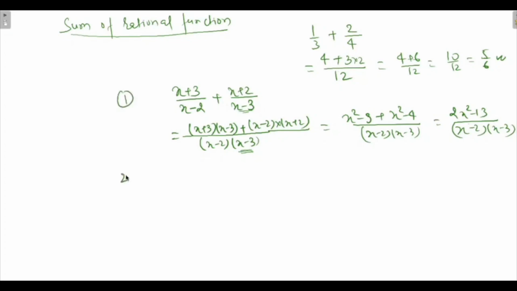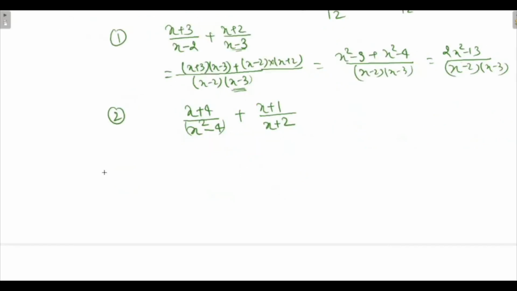Even subtraction can be done in a similar fashion. Can you do this: x plus 4 divided by x square minus 4, minus x plus 1 divided by x plus 2.